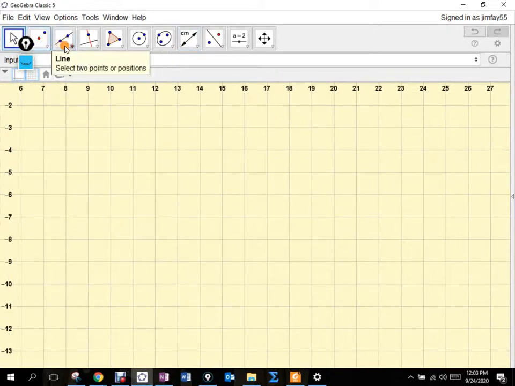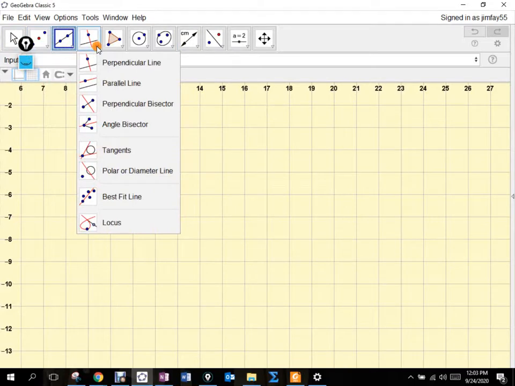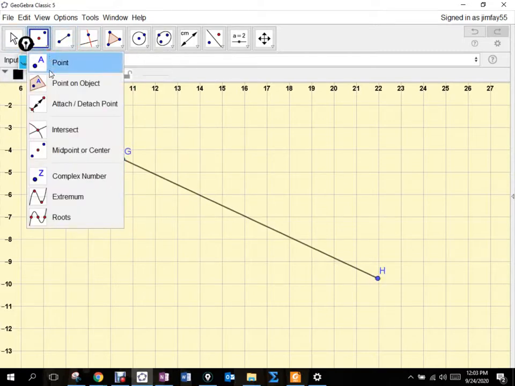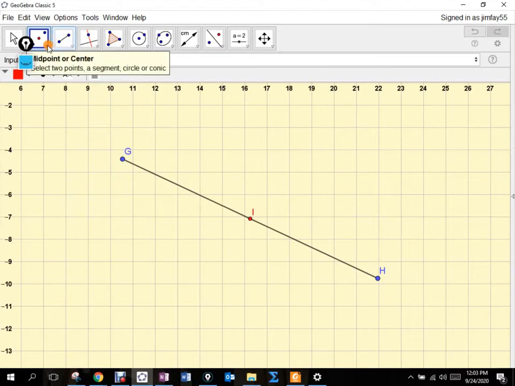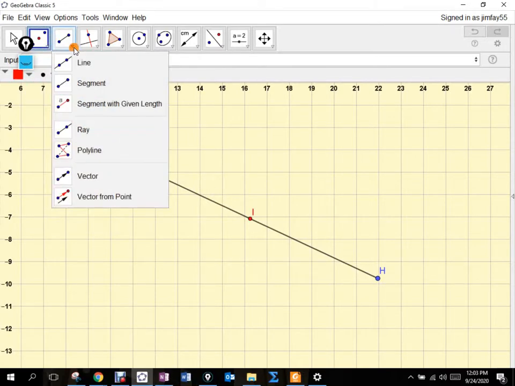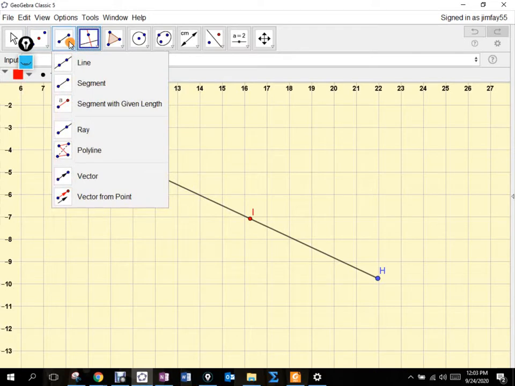When we deal with segments that are bisecting each other, let's see here, let me create just a generic segment and then find its midpoint. Well, I can't.